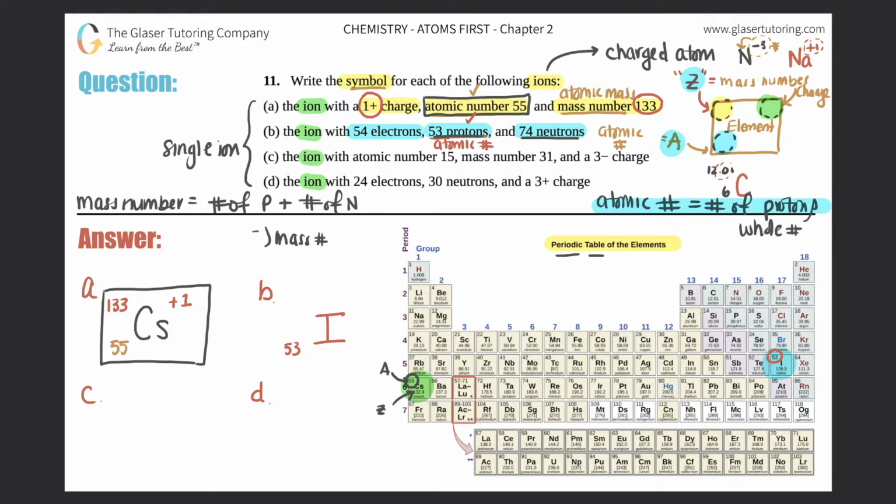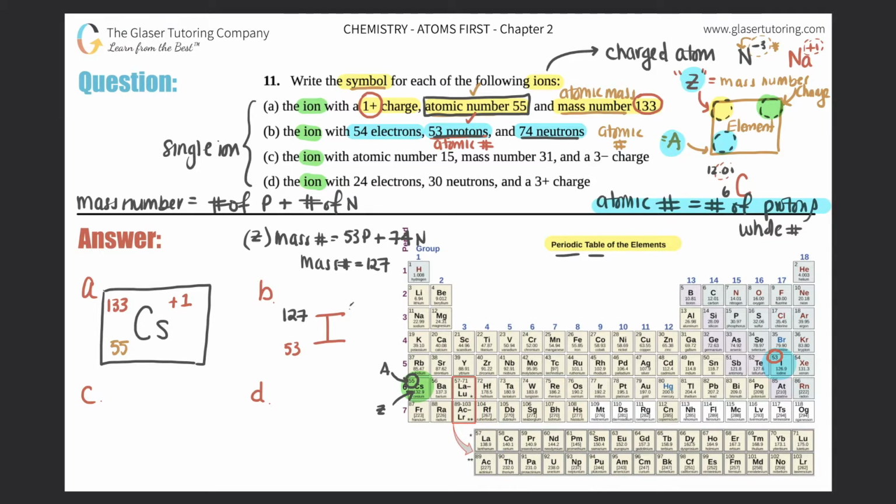It would be the 53 protons plus the 74 neutrons. So whatever you get, let's see, 53 plus 74 is 127. So the mass number in this case would be 127, and that goes up top here. We got 2 out of the 3 correct. So check that off. The mass number's done.